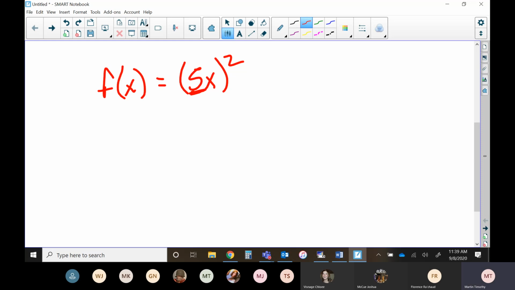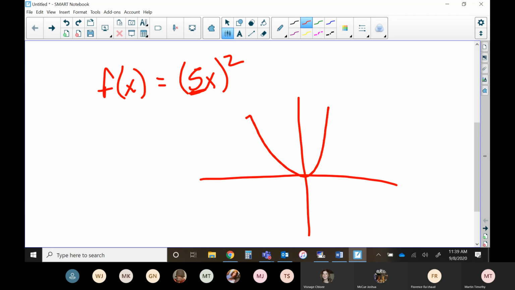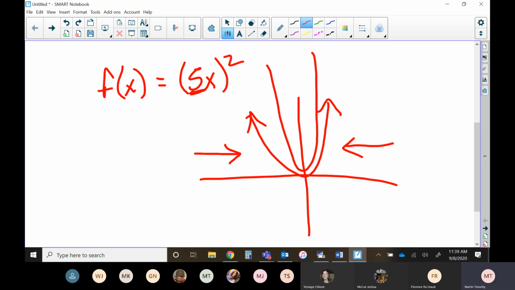Now, be careful on this. Pretend, what does a compression mean? Compression means pushing together, yes? So what would happen if I horizontally compress this? It's going to make it skinnier.